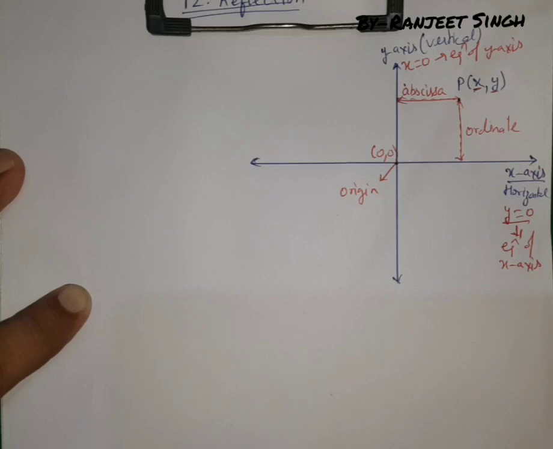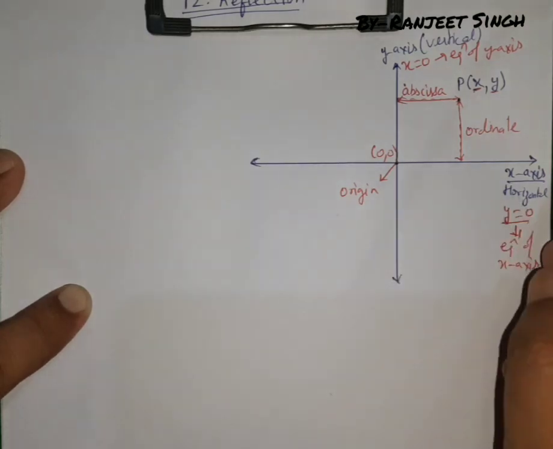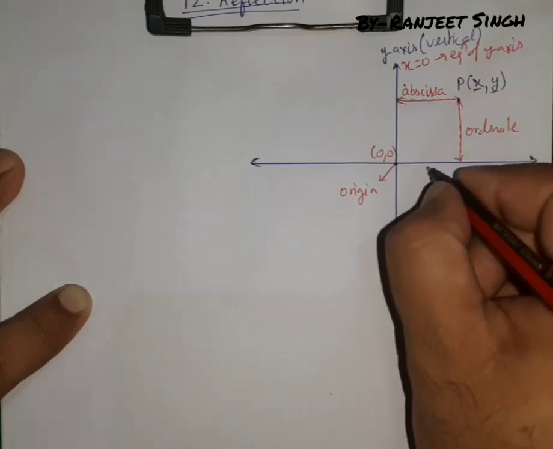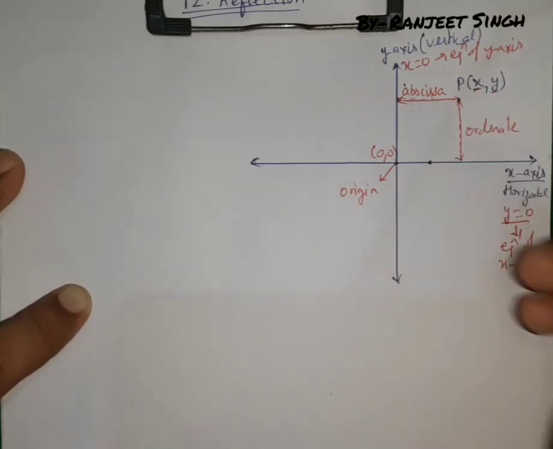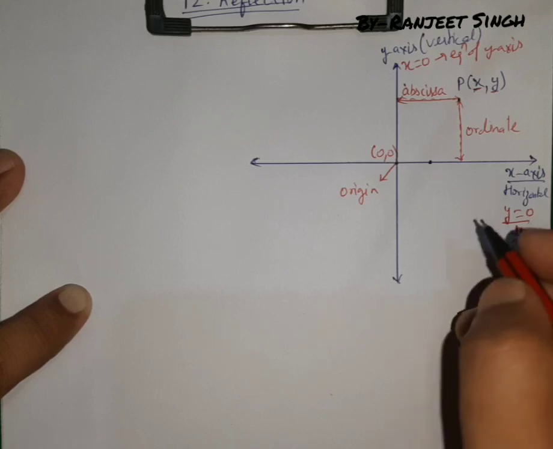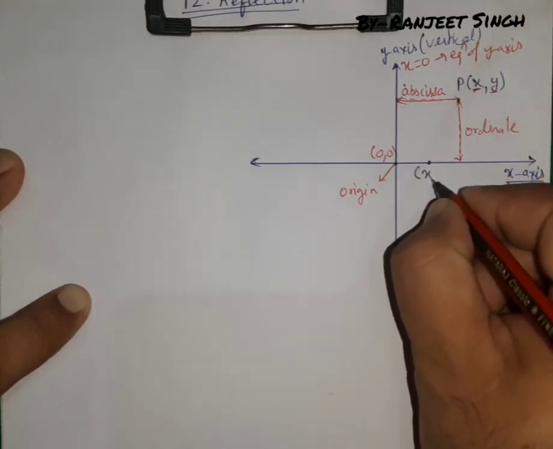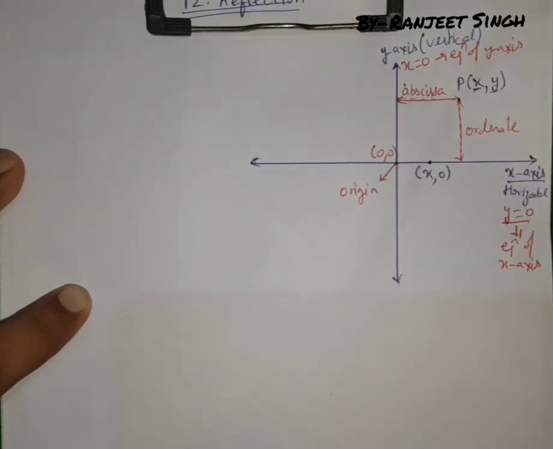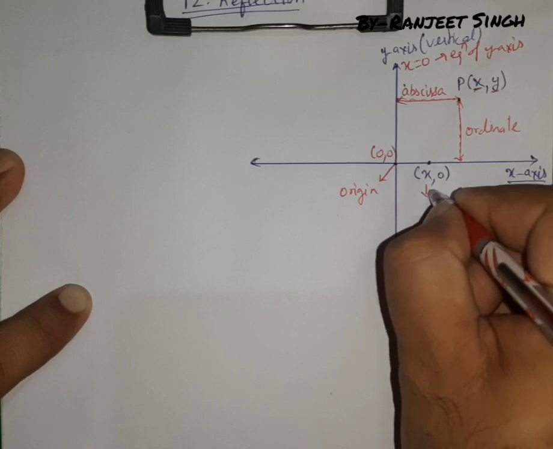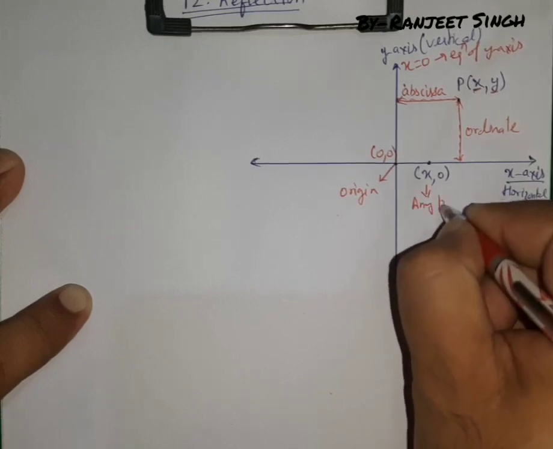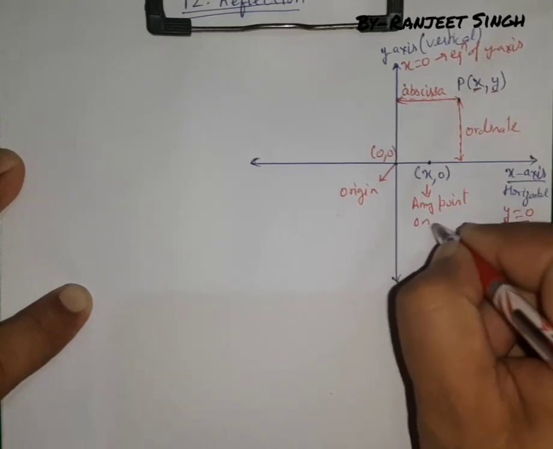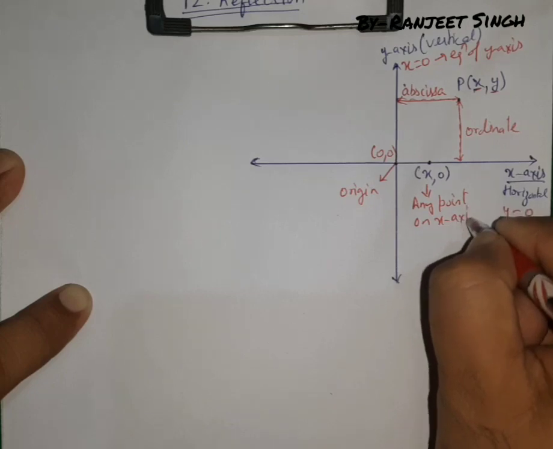Now, a very important thing. Any point on the x-axis, let us say some point is here, has the value of y equal to 0. So any point on the x-axis is always of the form (x, 0).